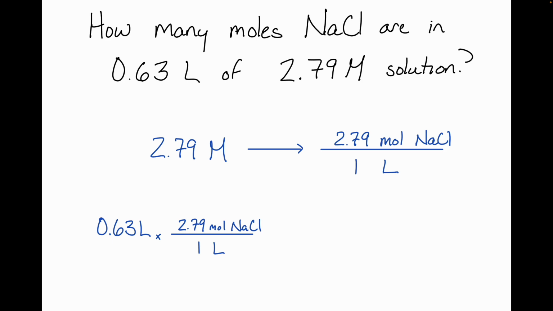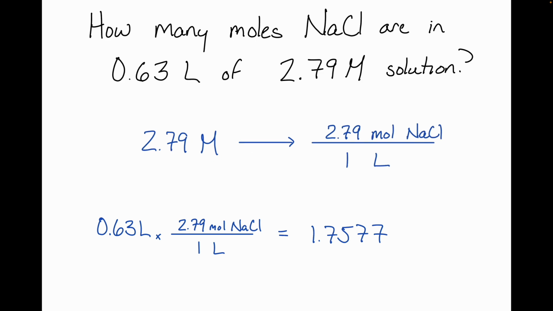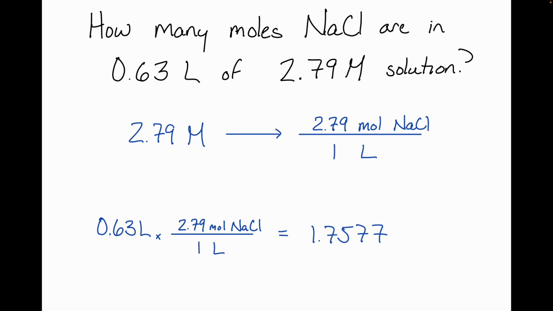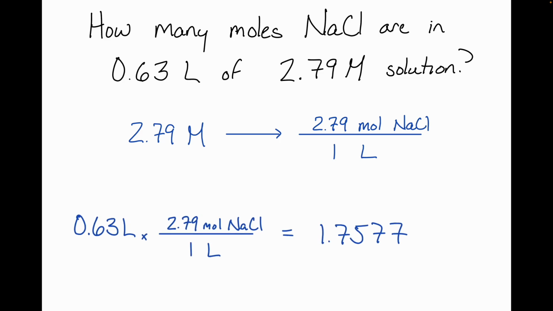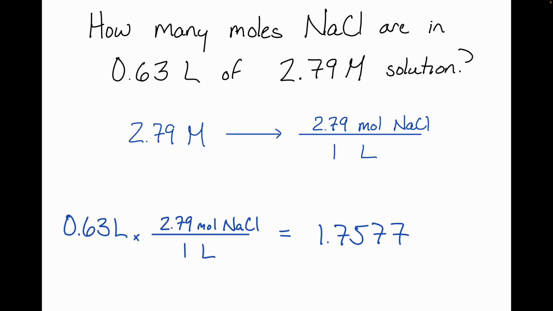So I'm going to multiply that 0.63 by 2.79. Get 1.7577. All right, and if we look carefully at our units, my liters have canceled out, and so now I'm in moles of NaCl.